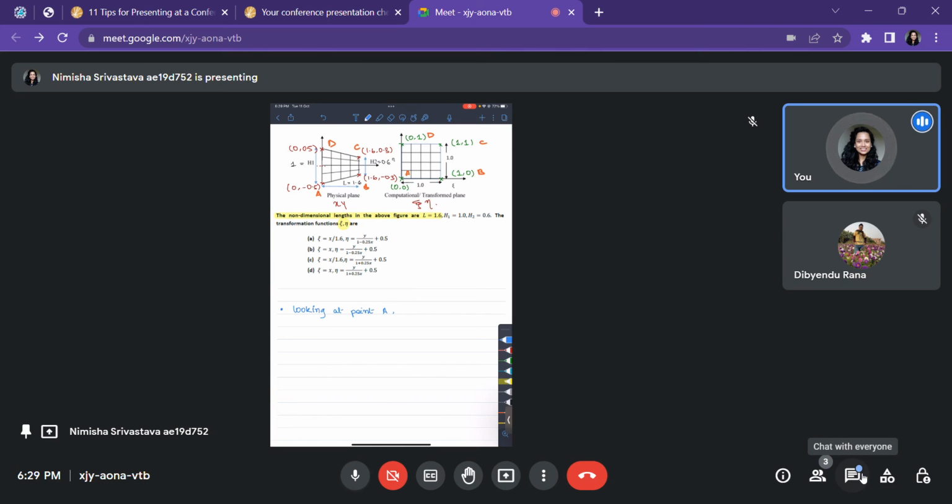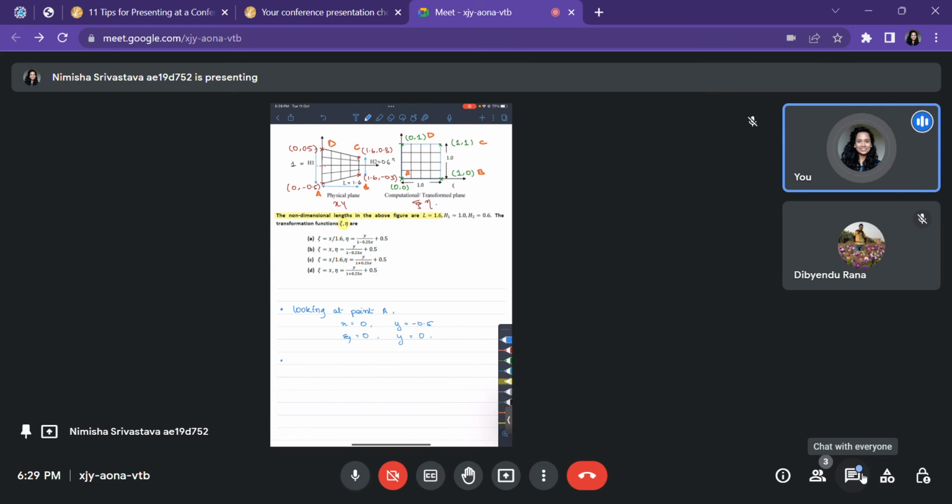So we have x equals 0, y equals minus 0.5, and zeta equals 0, and eta is also 0. So we don't get much useful information about zeta from here.